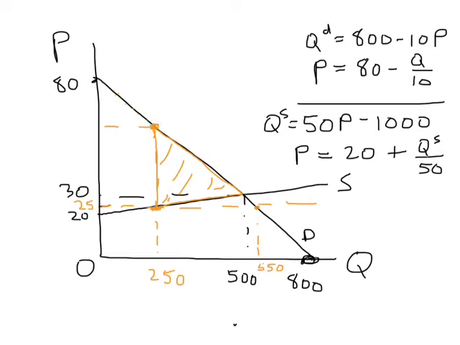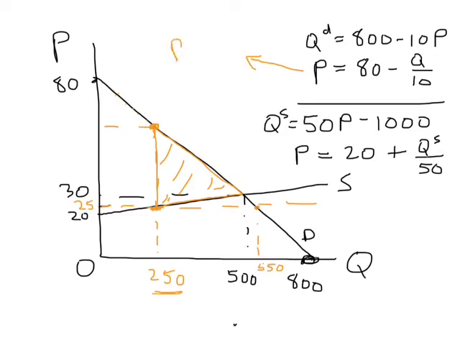But notice that this value is just the value of the original demand curve at a quantity of 250. So that actually is pretty easy to plug into the inverse demand curve.